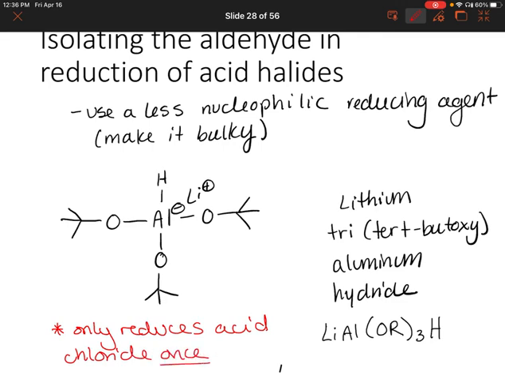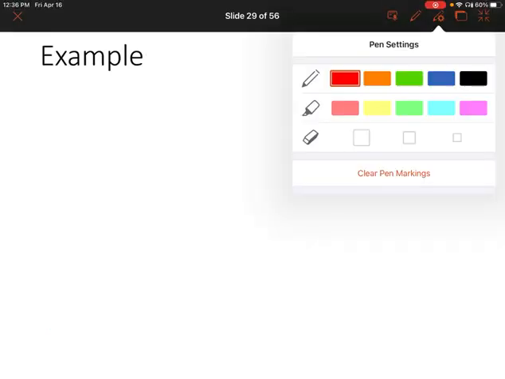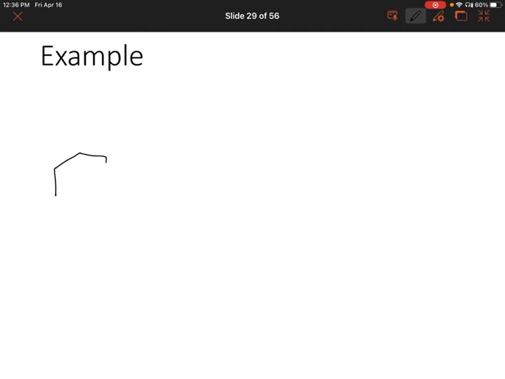Okay, so let's do a practice problem where we can use this reagent. Let's say that initially we have a benzene ring with a ketone meta to a carboxylic acid.